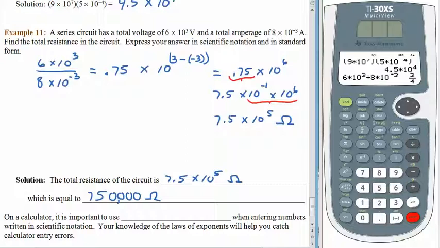Be able to anticipate the size of your answer and make sure that you are using parentheses when you're entering numbers written in scientific notation. Your knowledge of the laws of exponents will help you catch an error or two if you make it on the calculator, because you'll be knowing what to expect.